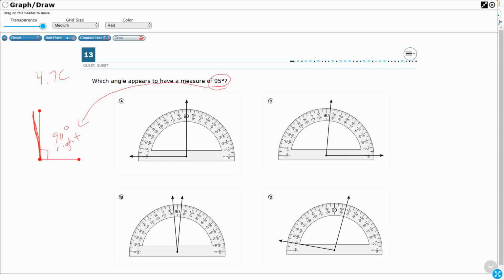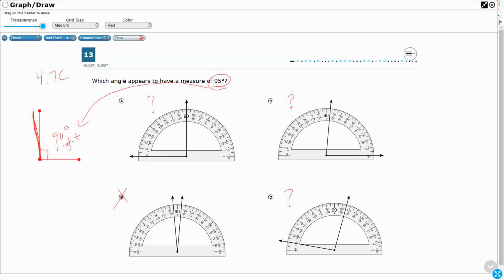Okay, that's going to be my 95, which means even before I look, A looks close, B does not look close, C looks close, so it looks too small, and D, I guess if you rotate it, looks close. I've already eliminated one answer, B, because it's not even close to a 90-degree angle.